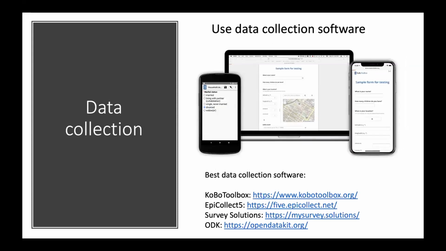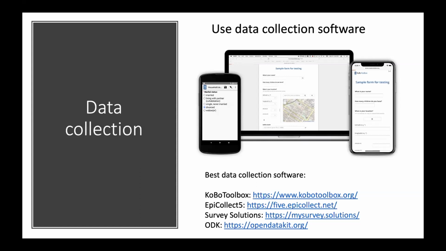So if you're doing electronic data collection, what software should you use? All of these software assume that you're going to have smartphones like the ones you can see here, either Apple or Android, or tablets, same thing, Apple or Android.